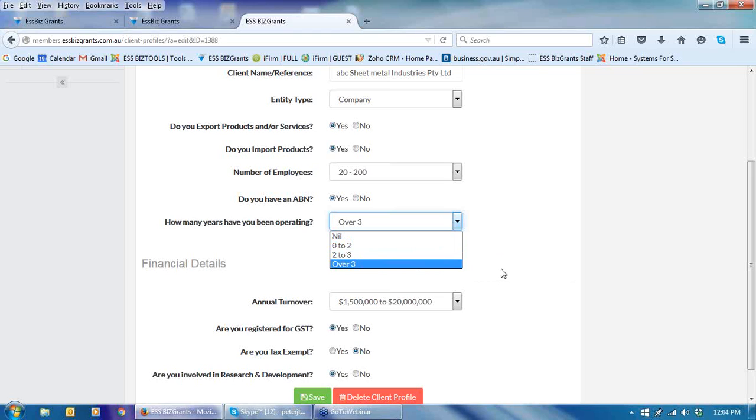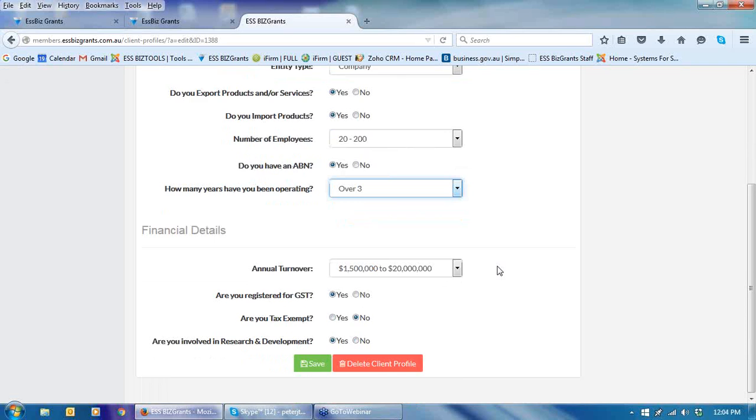So a complete startup can apply for some grants. And in fact, the feature grant that we're going to look at as part of this webinar today, Accelerating Commercialization, you can apply as a pure startup, no years of experience. But we'll come back to that a little bit later.